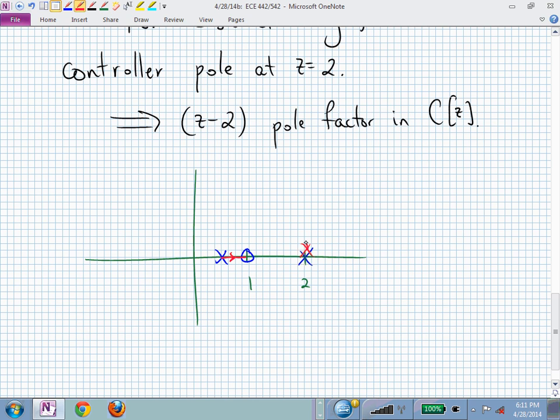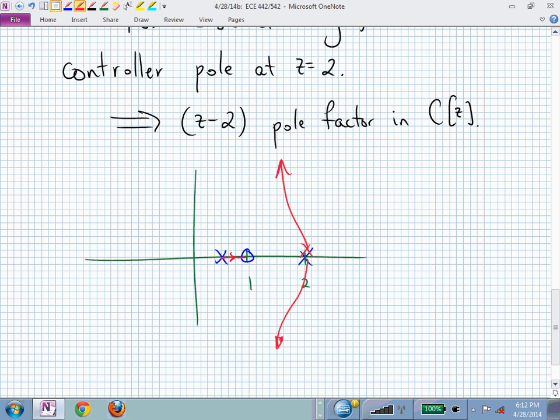But these two are going that way, let's say. It's not critical to know exactly, but we've at least eliminated that root locus branch between 1 and 2. Is that clear? So maybe we're helping, but we're still unstable.